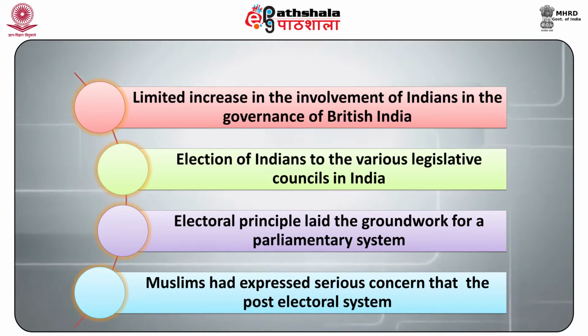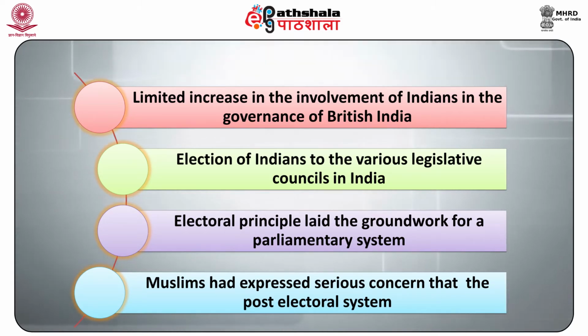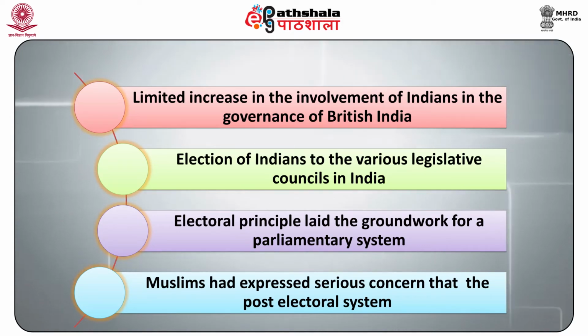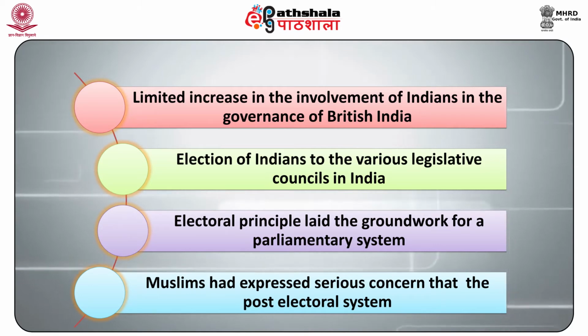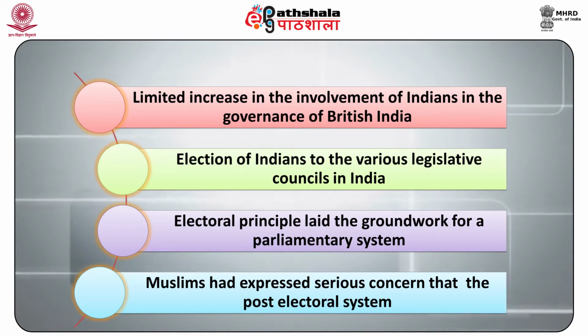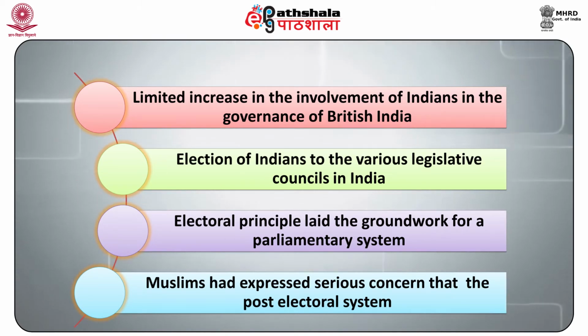The introduction of the electoral principle laid the groundwork for a parliamentary system, even though this was contrary to the intent of Morley. Muslims had expressed serious concern that an electoral system like that of Britain would leave them permanently subject to Hindu majority rule. The Act of 1909 stipulated separate electorates as demanded by the Muslim leadership.